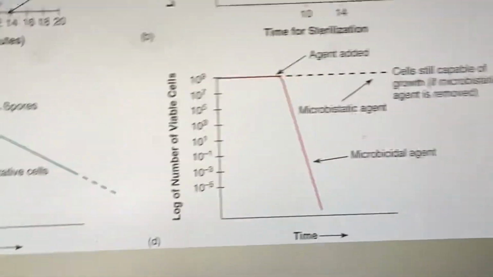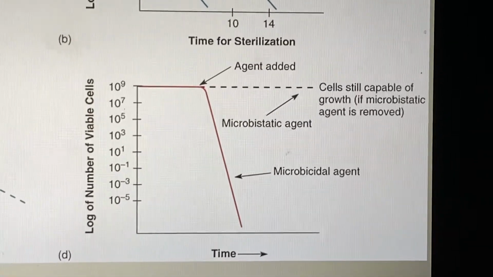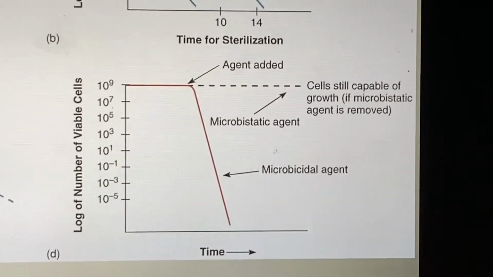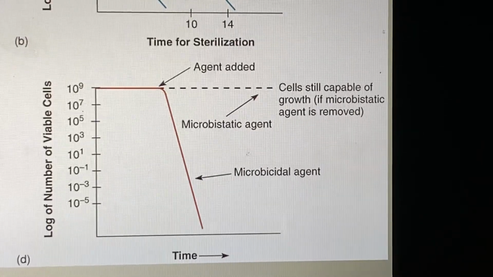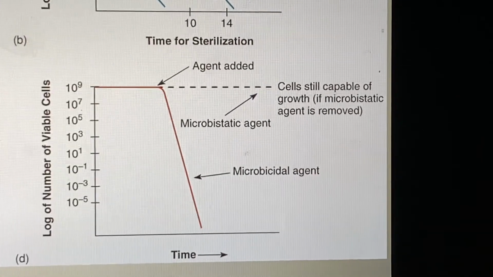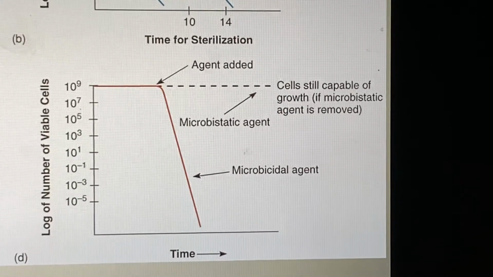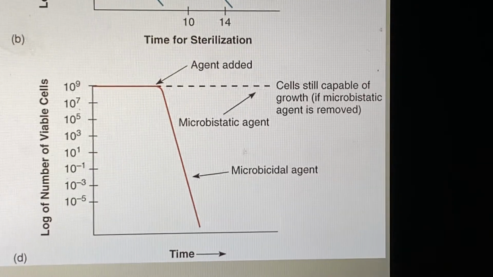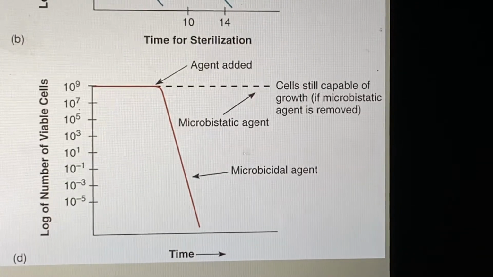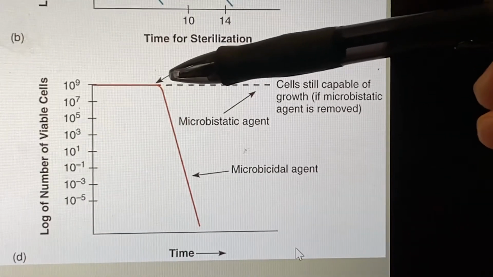Okay, and finally, this refers to microbicidal versus microbistatic. So let's say you're using a drug, an antibiotic, and you get that antibiotic prescribed to you in microbicidal levels. Okay, awesome. What that means is the cells are going to die.